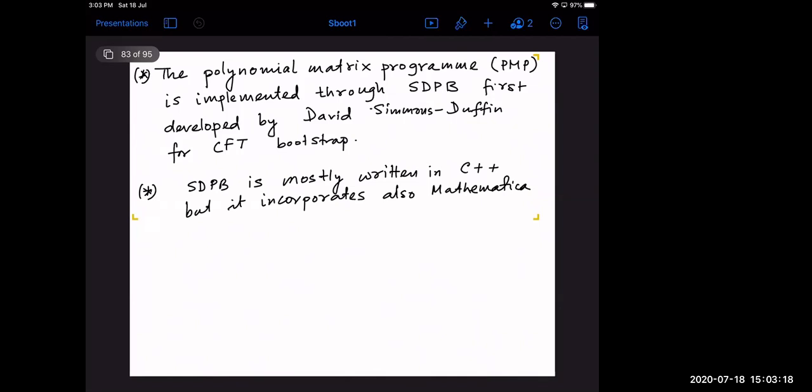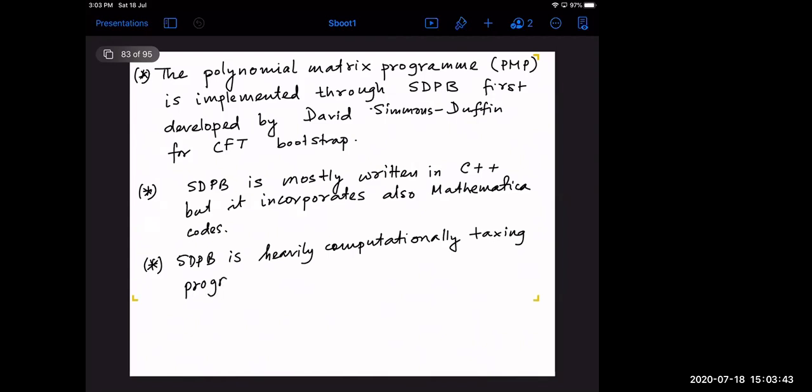Yeah, and I must point out that this SDPB is a heavily computationally taxing program.